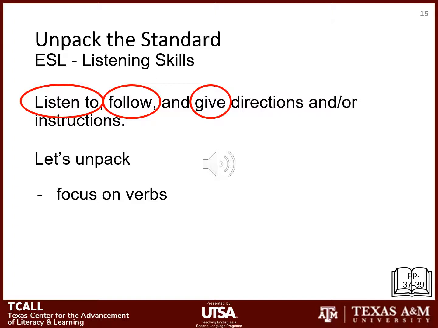So here you can see that there are 3 different verbs referring to different types of actions that are connected to this standard: listen to, follow, and give. So what you might also notice is that although this standard is a listening skills standard, one component of the standard is connected also with either speaking or writing, namely give.